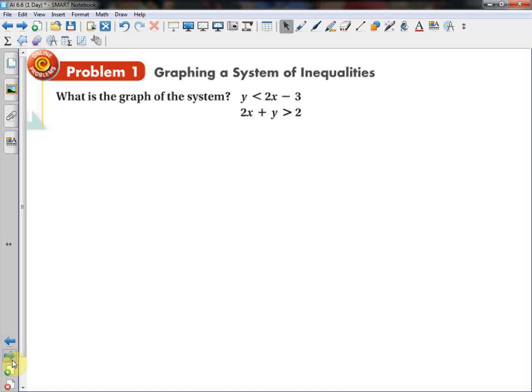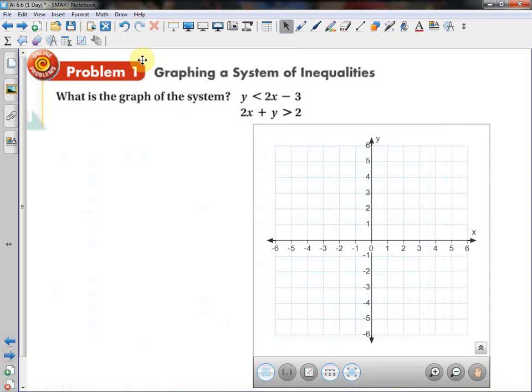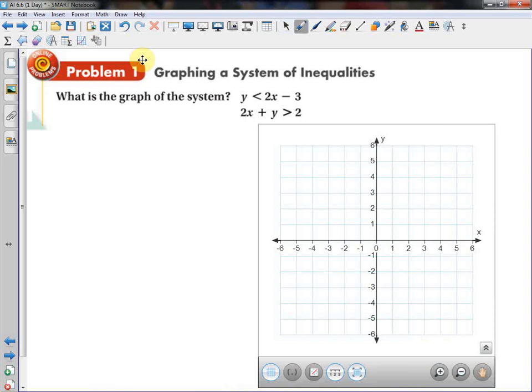Moving on, we want to see what the graph of this system is. Okay, so I'm going to go ahead and get my graph paper down here. I'll graph the top one in blue. The first thing we should see is that it's a dotted line because it's just a less than symbol, not less than or equal to. My starting point is at -3.